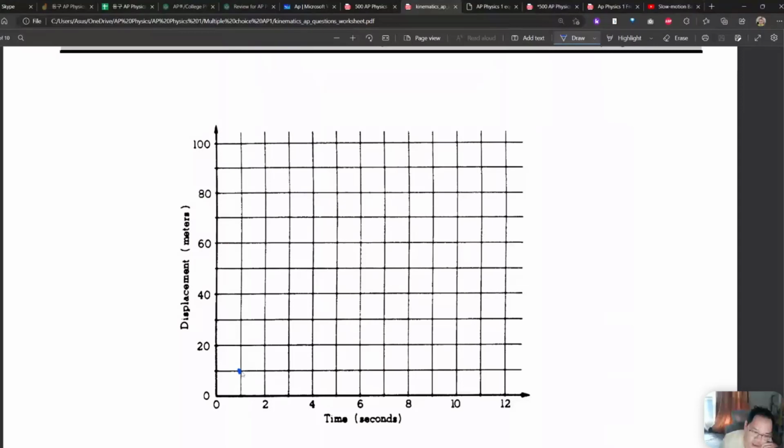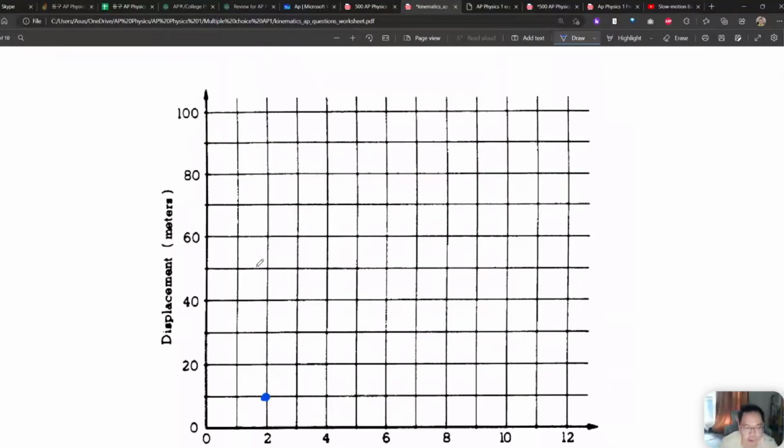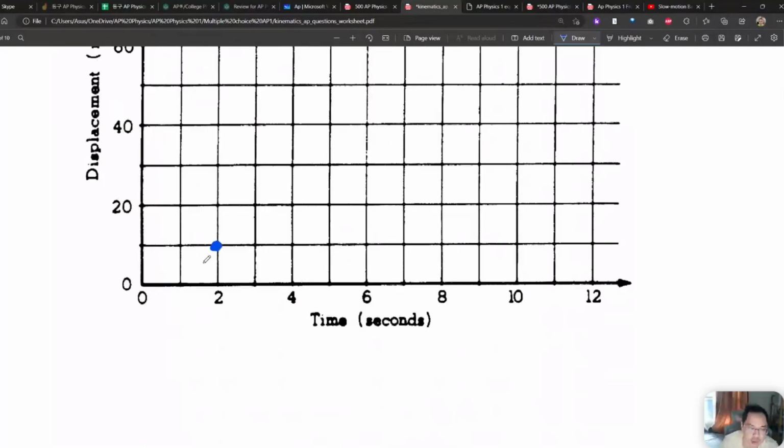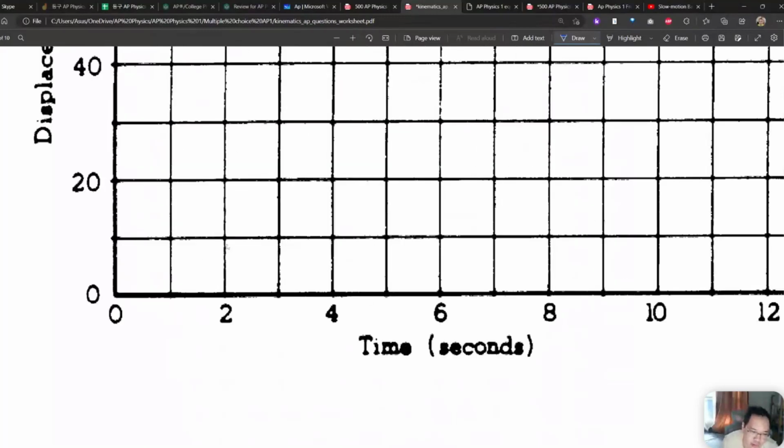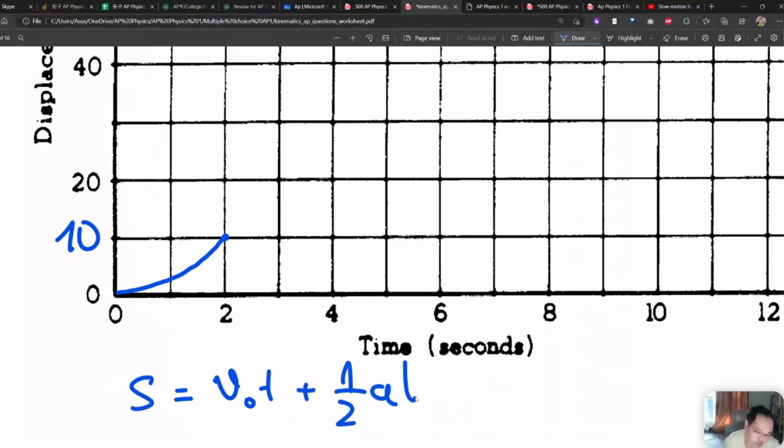So this point is her position after 2 seconds, and the total displacement is only 10. It is a curve like a parabola, not a straight line, because the equation of displacement for a constant acceleration motion is v0t plus 1/2 at squared, which is a quadratic equation, and therefore the graph is a parabola.